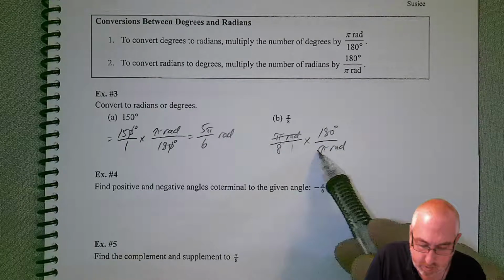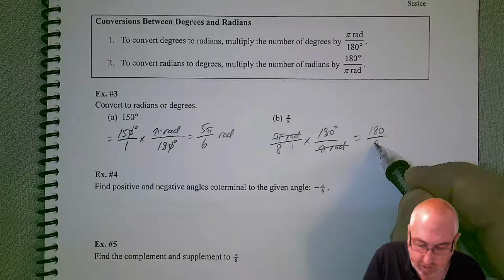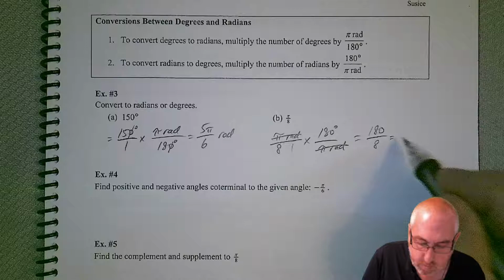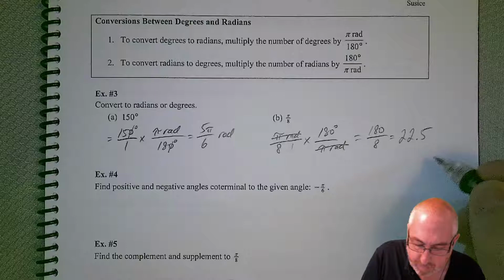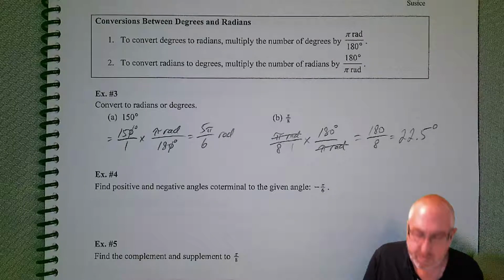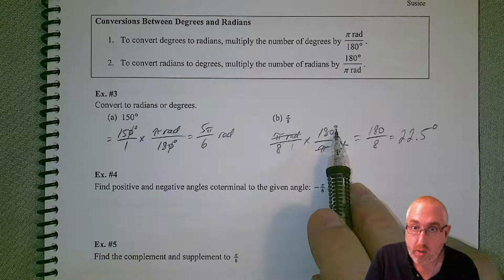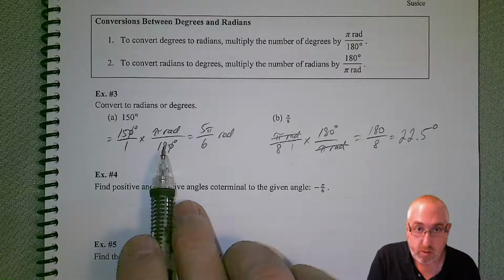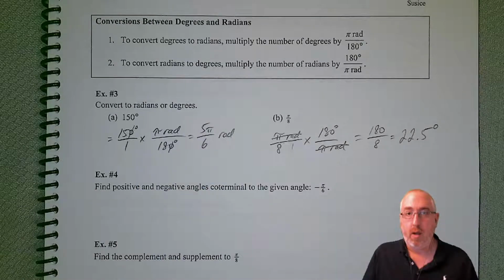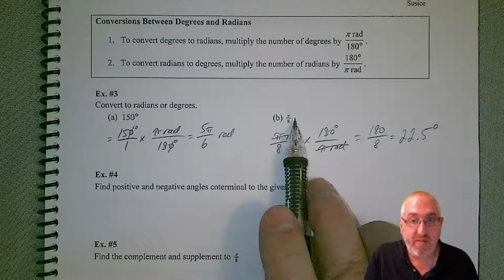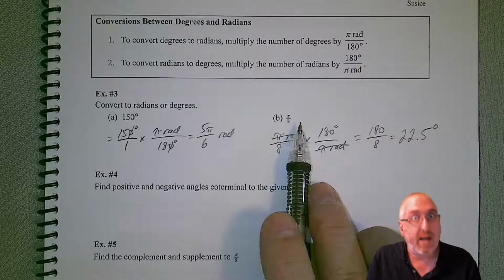And so we can just divide 180 over 8, which is what? 22.5 maybe? So 22.5 degrees. The degrees are the only units left, so that's why we need to make sure we include them. Like I said, sometimes they'll leave them out. It's implied, because there's no degrees in there, it's got to be radians.